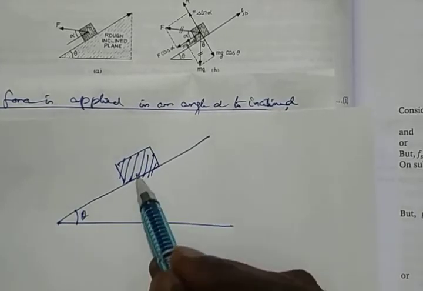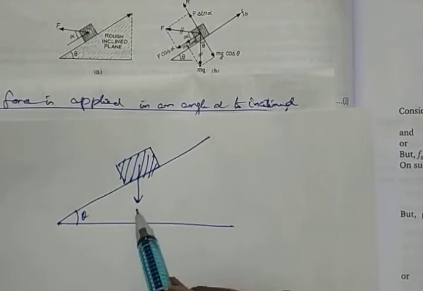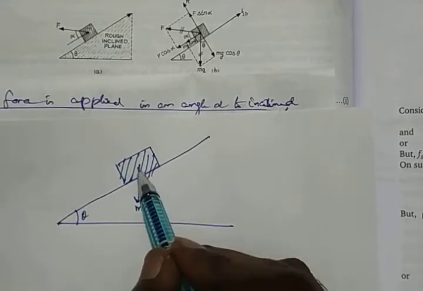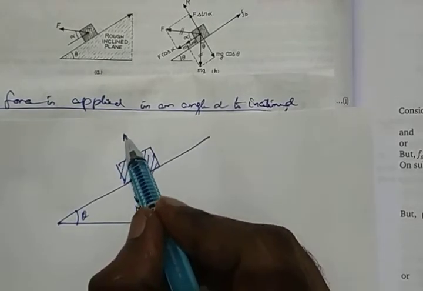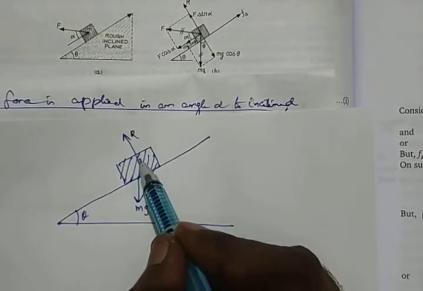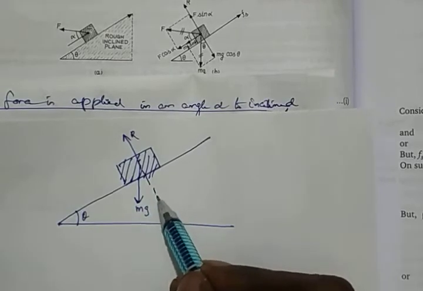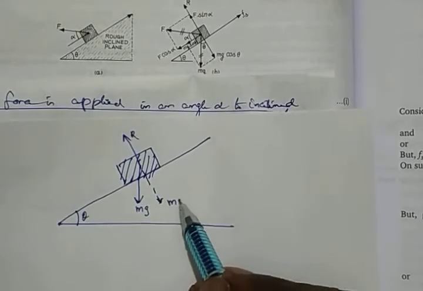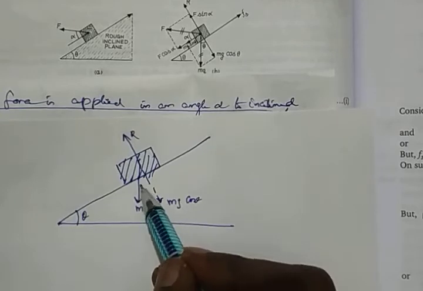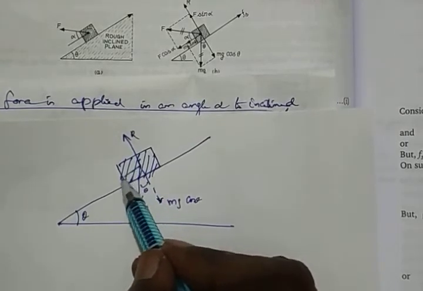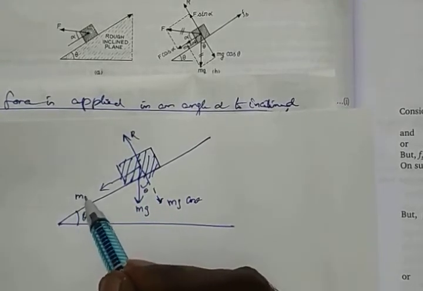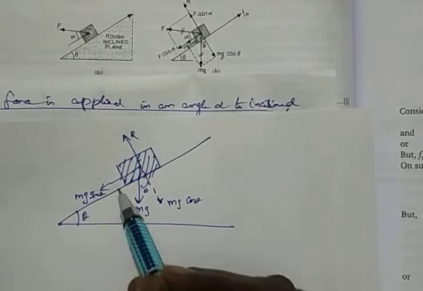This we already know: theta here, mg, and normal reaction. Please make sure the lines are straight and proper. This one is mg cos theta always. This is theta here, and this one is mg sin theta. This is the basic thing.